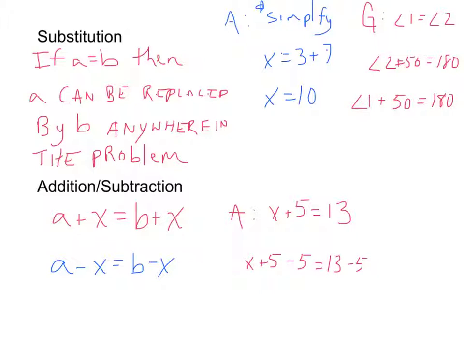In geometry, sometimes we could have two sides that are equal measure or congruent. So AB equals XY. What I can do is sometimes add another side, so I can do AB plus CD equals XY plus CD. Running out of room here. Sometimes we have to do that. That's addition property.